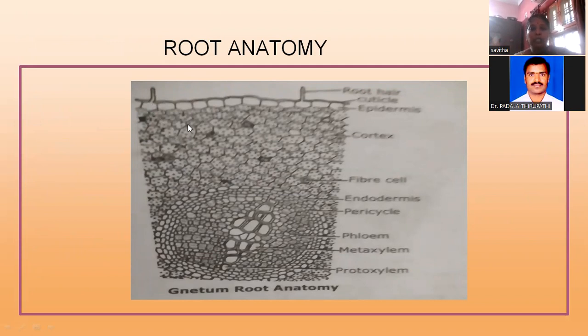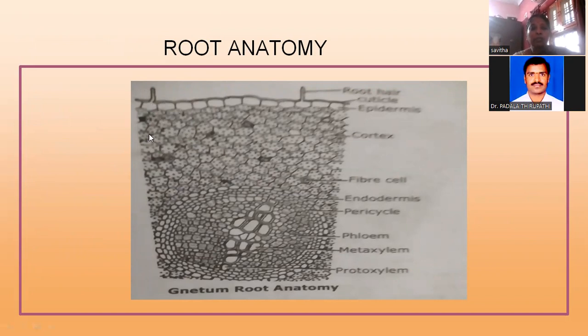Below the epidermis, you will find the cortical region, which is differentiated into two regions only. Below the epidermis, the region is filled with parenchymatous polygonal cells, arranged very near to each other without any intercellular spaces.